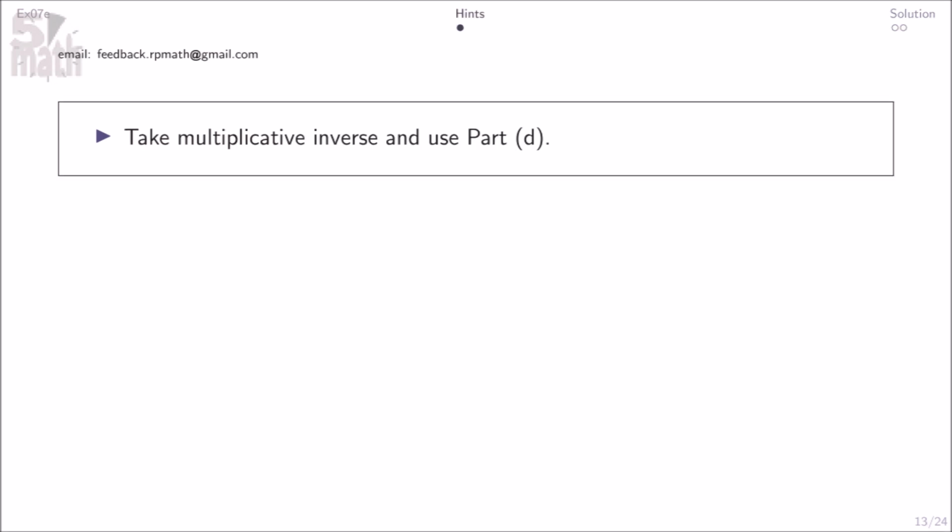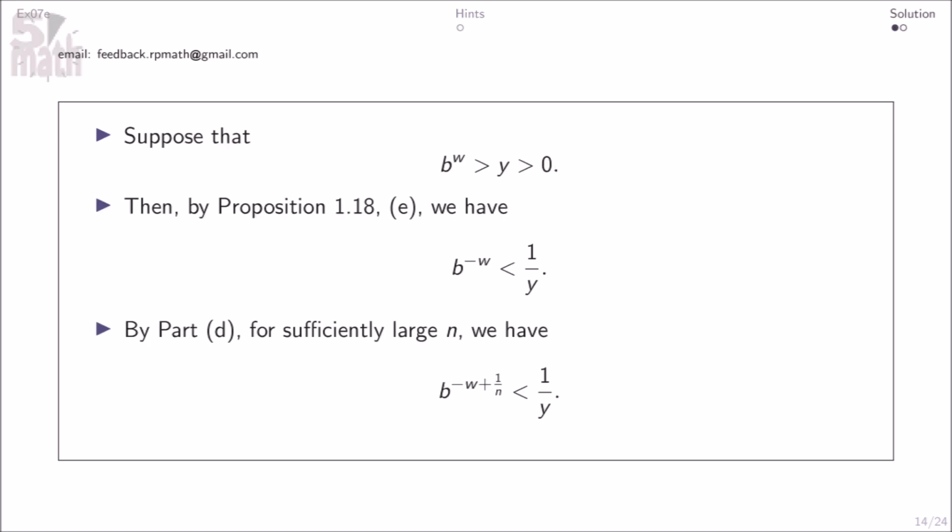Take multiplicative inverse and use part D. Suppose that b^w > y > 0. Then, by proposition 1.18e, we have b^(−w) < 1/y. By part D, for sufficiently large n, we have b^(−w+1/n) < 1/y.